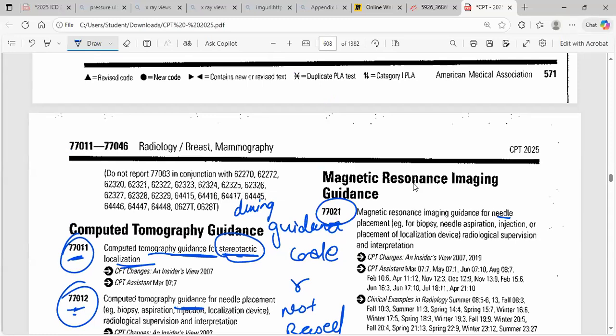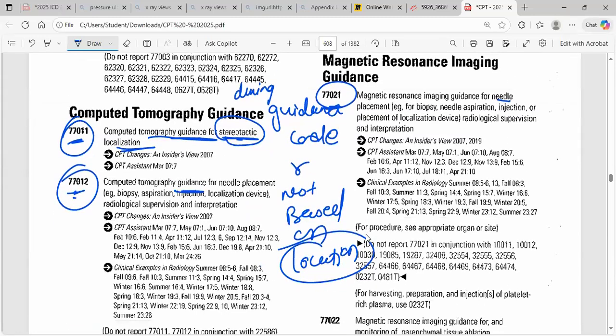So if any MRI guidance has been used, we are going to bill that with the 77021. We have to follow the same guideline. If the code description includes the MRI, then we are not going to bill that separately. We have the same instruction here also, like in these codes, MRI is already included. We are not going to bill that separately.